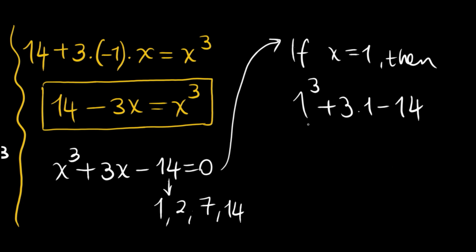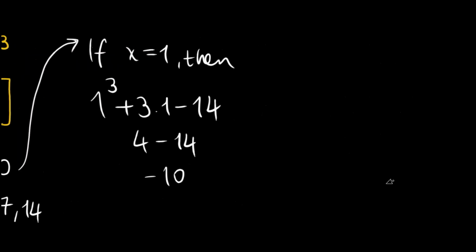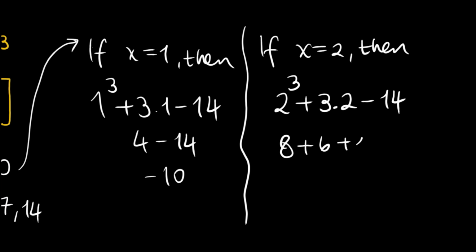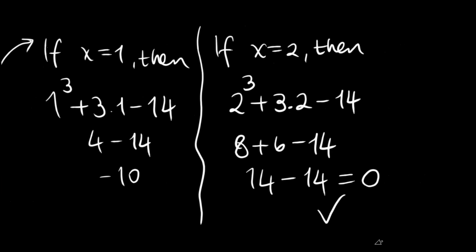This is not 0. 4 minus 14 is not 0 actually. It's negative 10. For x is equal to 2, then we have 2 cubed plus 3 times 2 minus 14. This is 8 and this is 6. Sorry, this is minus 14. And 14 minus 14 is equal to 0. So x is equal to 2.